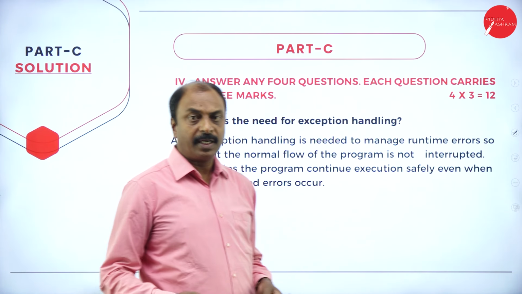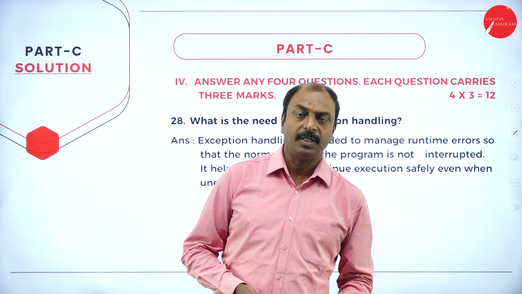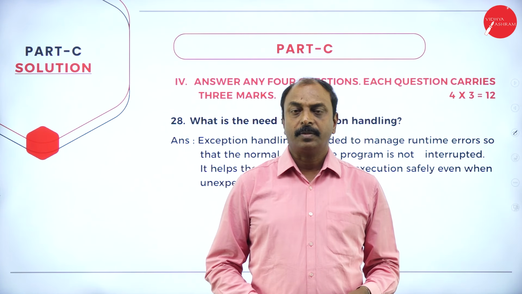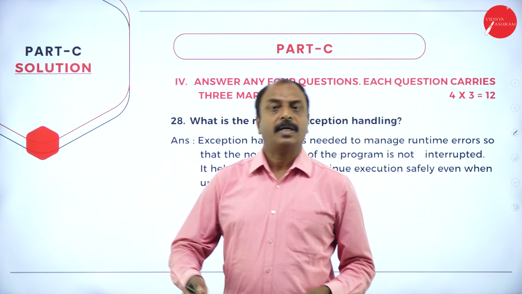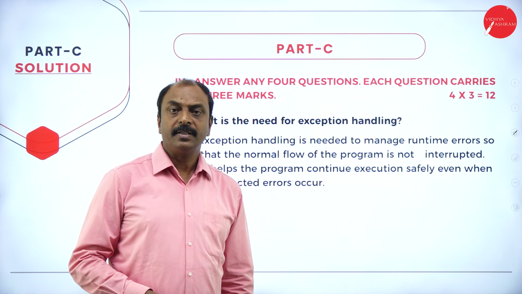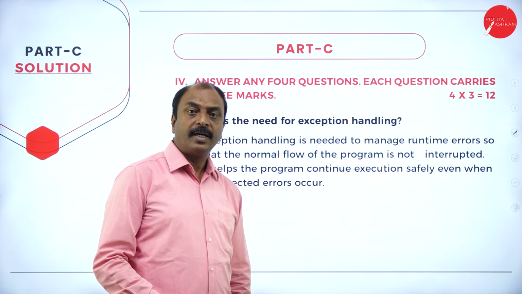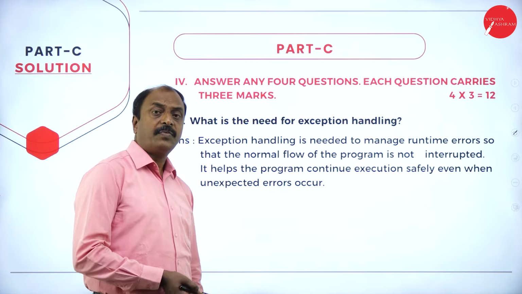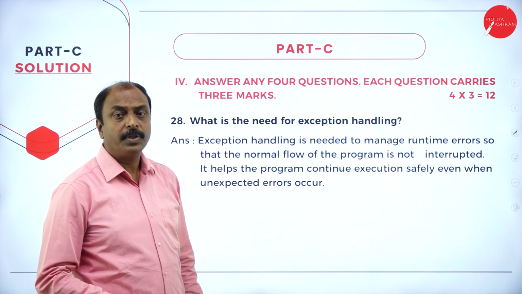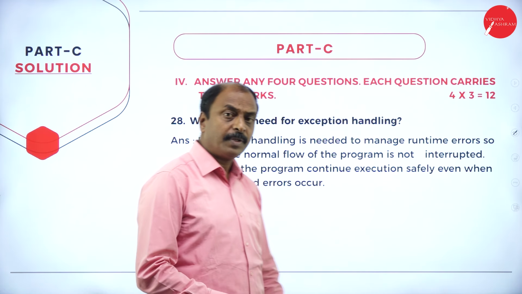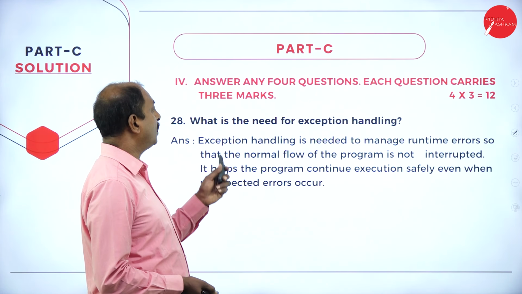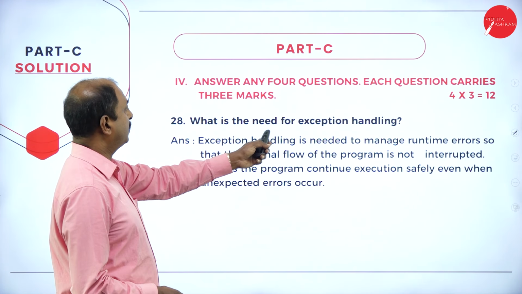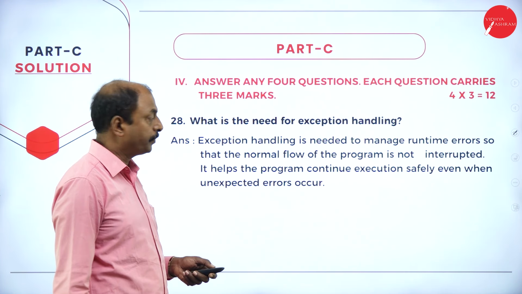If there are any errors in a Python program, as all of you know, the interpreter cannot complete the execution until the mistakes are corrected, until it is an error-free program. But if I would like to continue in spite of errors in a program, then that concept is called exception handling. So this is the answer for exception handling.